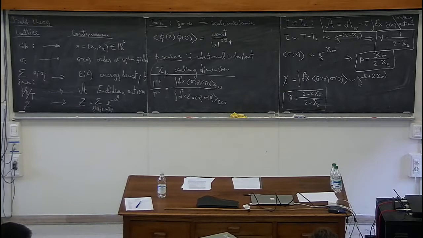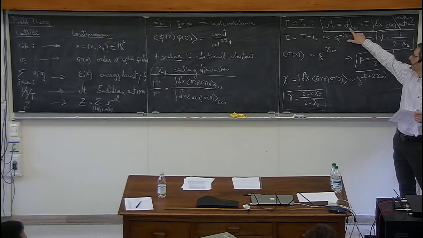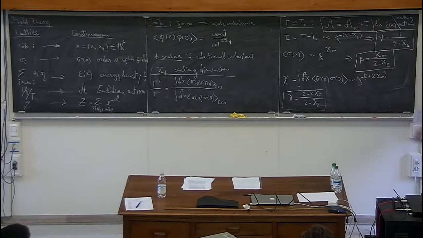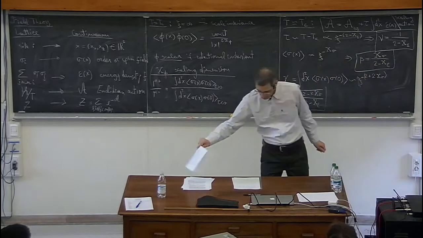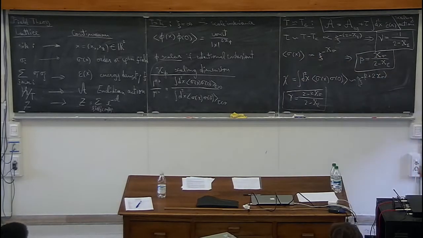So it is the action which describes the universality class associated to a given symmetry. The symmetry will be hidden here, so this scaling invariant part will be invariant under the symmetry, and also the energy density field will be invariant. Okay, so this is a good point to take the break. And if you have questions before that.